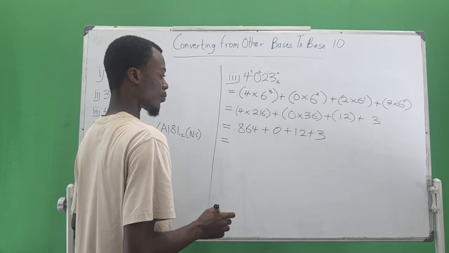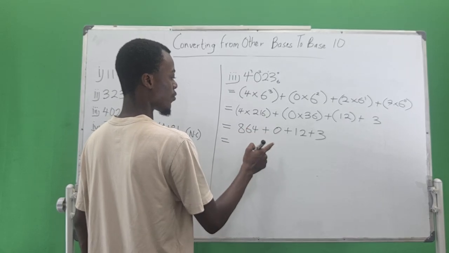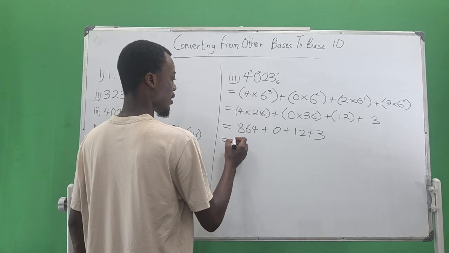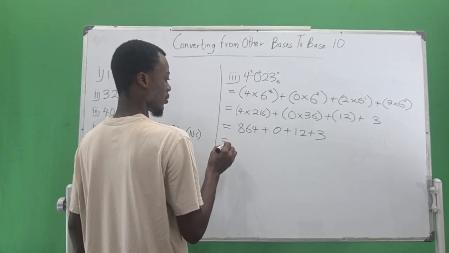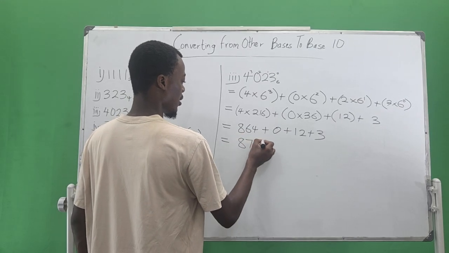So now 864 plus 0 plus 12 plus 3. We are going to get what? 8, 7, 9.